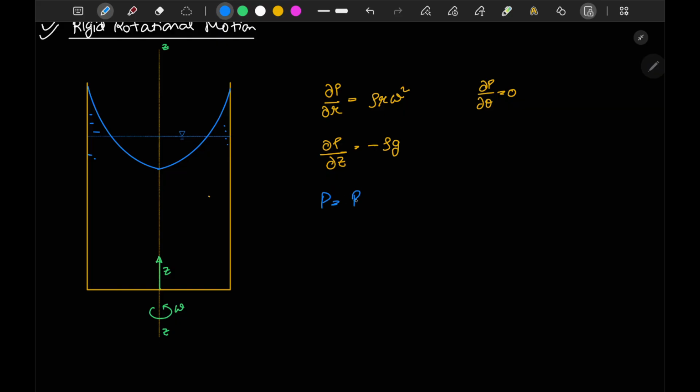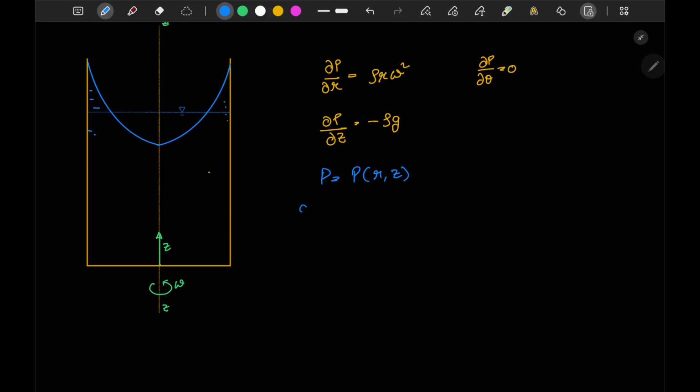Pressure is a function of r and z, because pressure is independent of theta. So dp is equal to del p by del r into dr plus del p by del z into dz. Substituting the values, dp is equal to rho r omega square dr minus rho g dz.